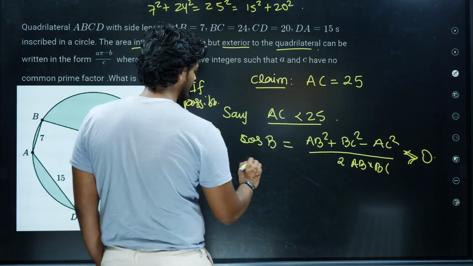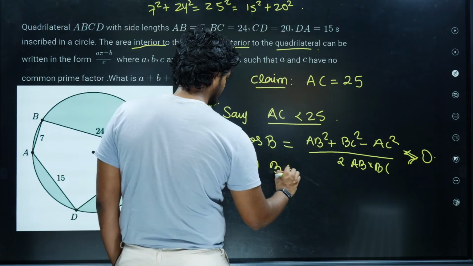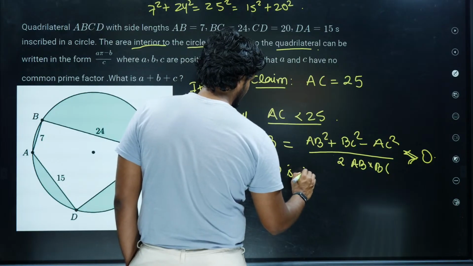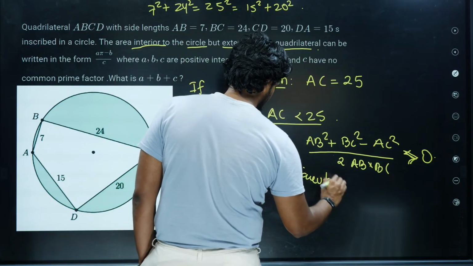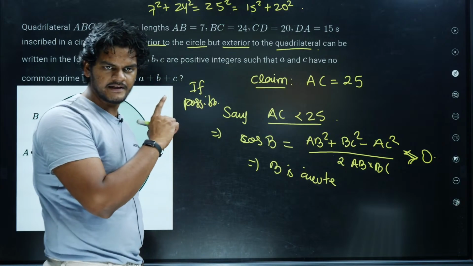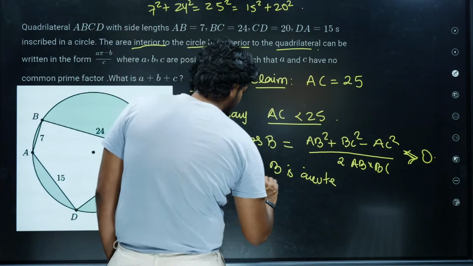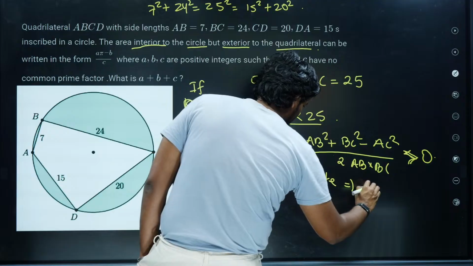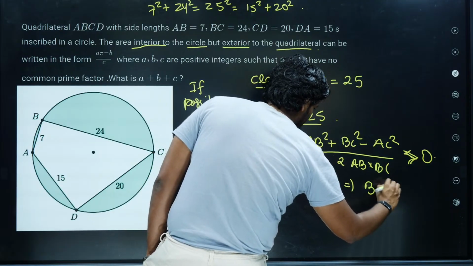If this is positive, that implies that B is acute, and that's basically saying B is less than pi by 2.